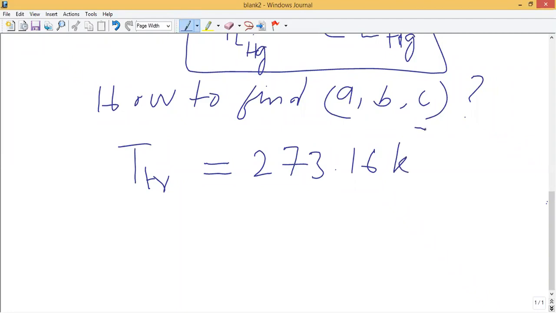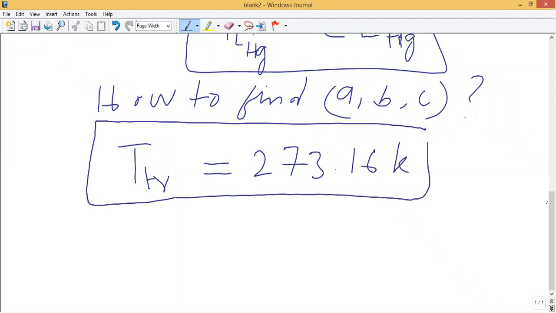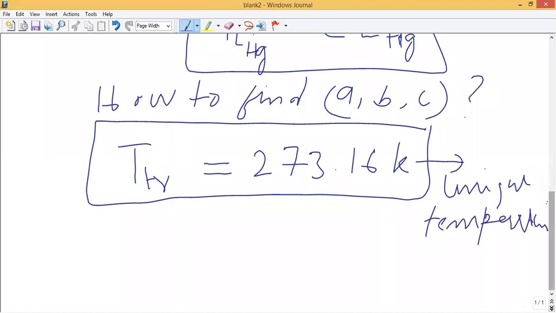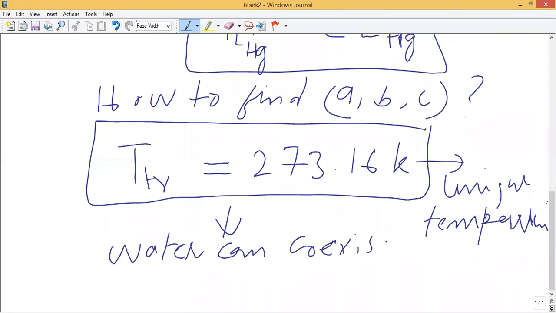Okay. This temperature is a unique temperature where water can exist in three states, coexist in three phases, in equilibrium.